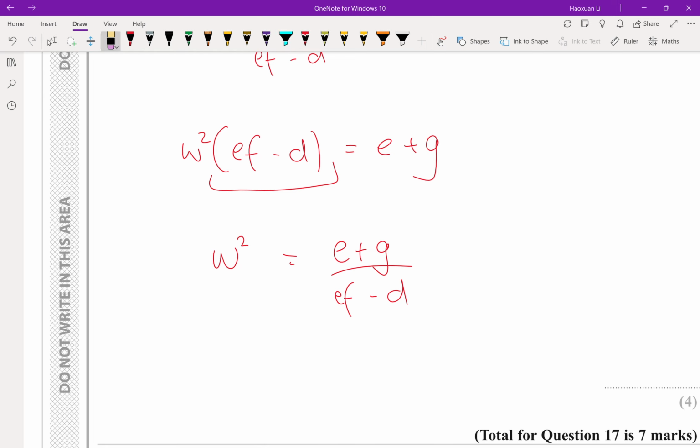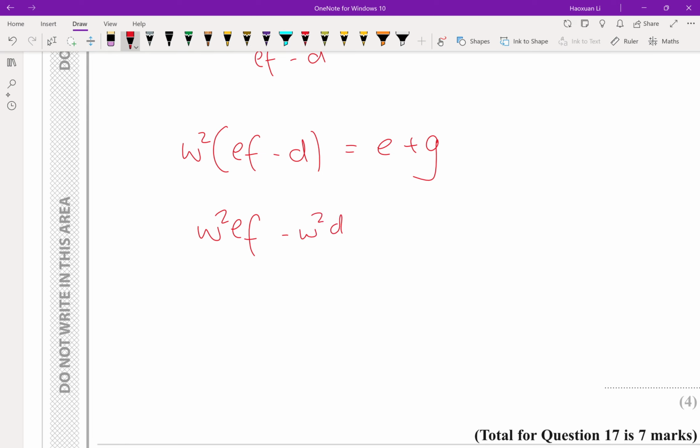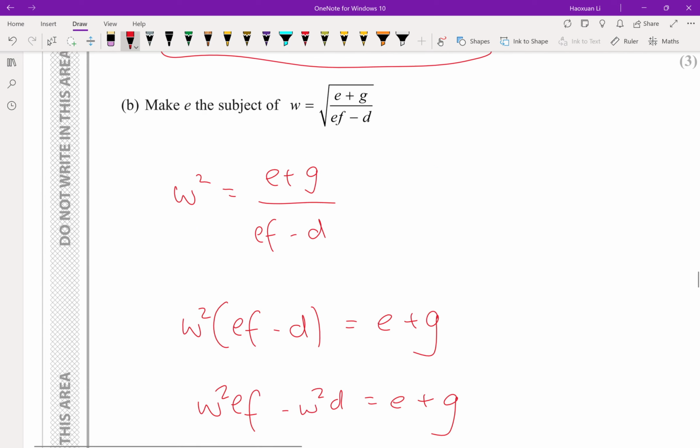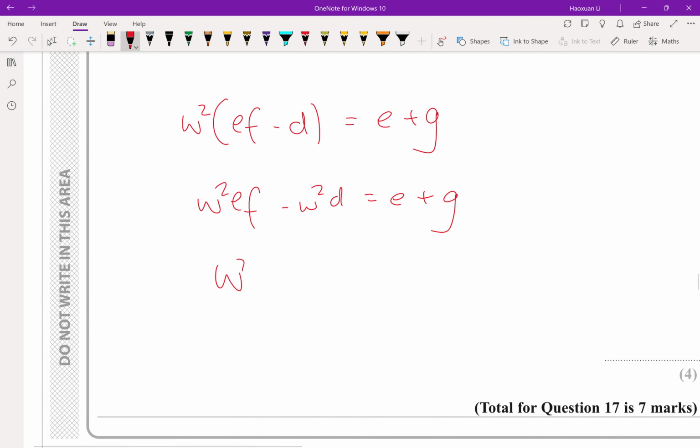Oh, sorry. Because it's in terms of E, you meant to expand this bracket. So therefore, let me just check. Yeah. So W squared EF minus E. So you meant to put this one here.